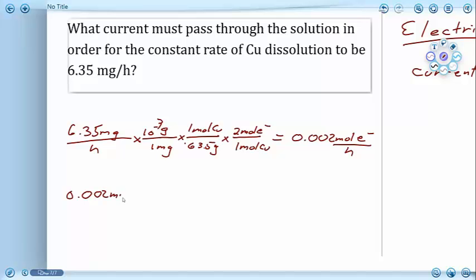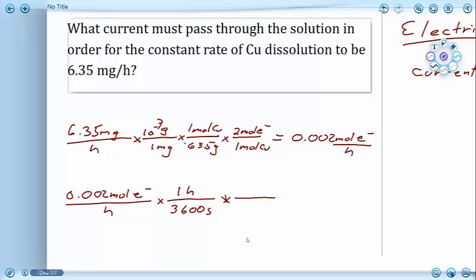0.002. I'm just going to rewrite what I wrote up on the top. Let's first convert the hours into seconds. 1 hour has 3,600 seconds. And how do we convert moles of electrons into coulombs?